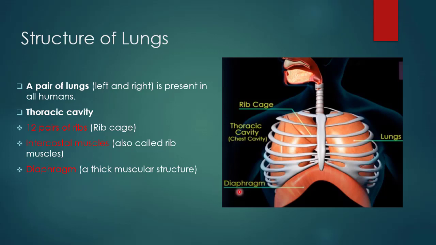So the main associated parts of lungs are the thoracic cavity, the actual location where lungs are placed, 12 pairs of ribs, which means the rib cage, intercostal muscles, or we can say rib muscles, and a thick muscular structure which is called the diaphragm. Moving on to the next.